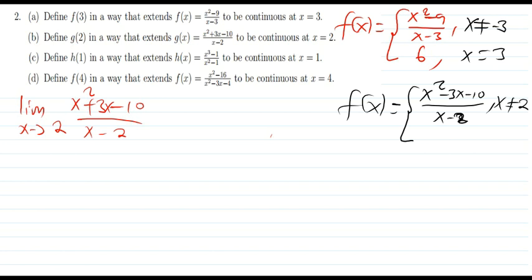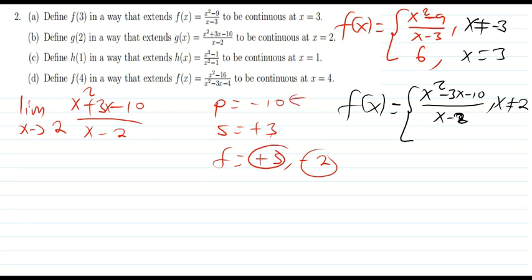So I have the product of negative 10, the sum of 3, which is positive 3. What will be the factors? I believe the factors will be positive 5 and negative 2. So that when I multiply them, I'll get negative 10, then 5 plus negative 2, I'll get positive 3. So those are going to be my factors.